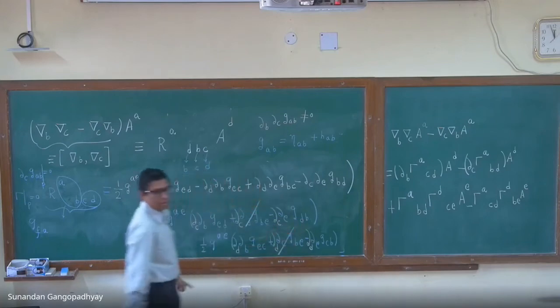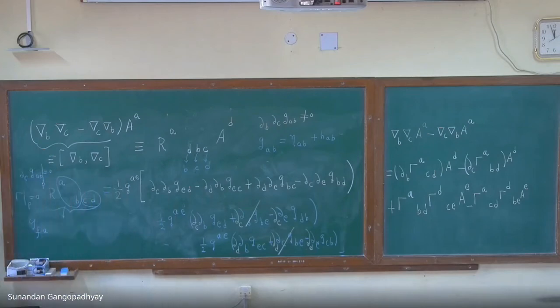This term is also correct. It is okay. If I make any mistake, please correct it in your notebooks. That is what is important. I just check it with my own result. Half G AE del C del E G ED. Fine, that is correct.